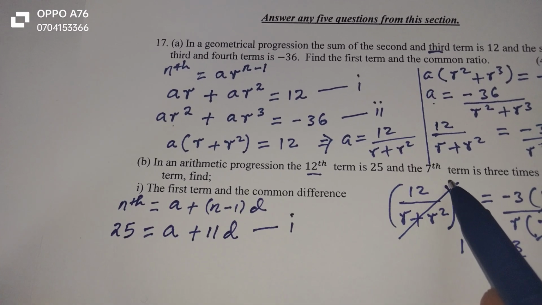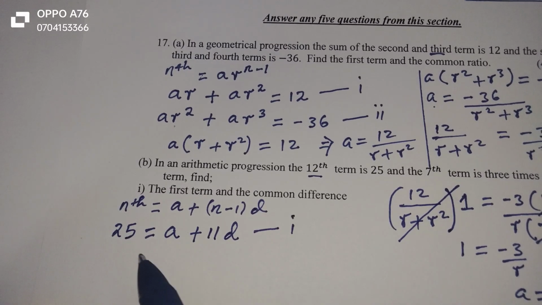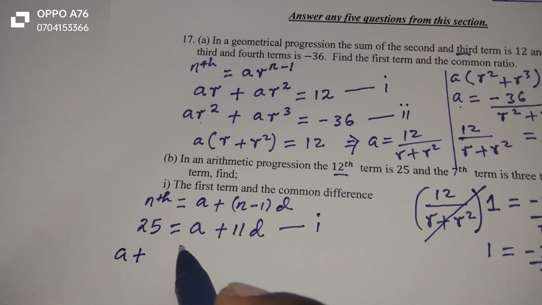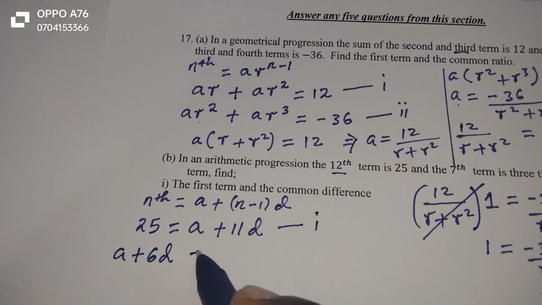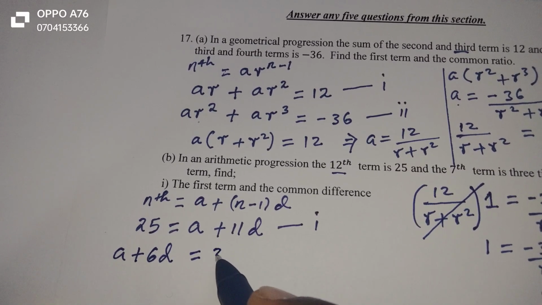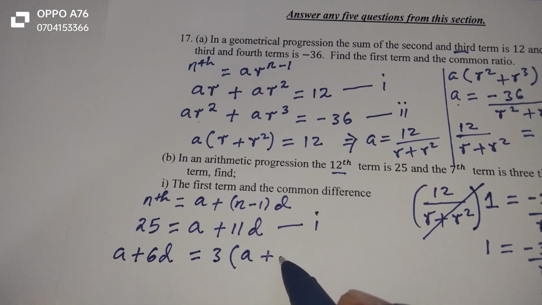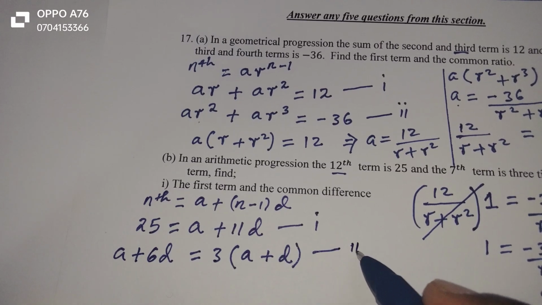The 7th term is 3 times the second term. So the 7th term is going to be A plus, 7th term means 7 minus 1, which is 6, times D. This is equivalent to 3 times the second term. The second term is A plus D. This is now the second equation.